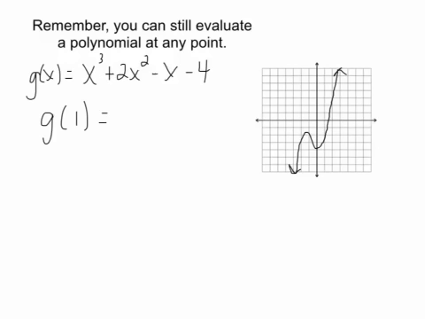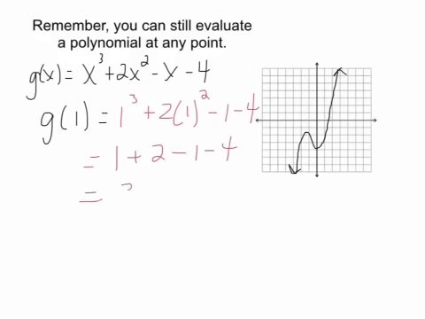Okay, and this is just a reminder from before that you can still evaluate a polynomial at any point. We would evaluate linear functions and quadratics, and you can still do that with polynomials. So if I have this polynomial and I want to find g of 1, here was an x, now it's a 1, so I need to plug in 1 for any of these x's. That still works here. It just takes a little longer. 1 cubed is 1. 1 squared is what I would do first, which is just 1 times 2, minus 1 minus 4.